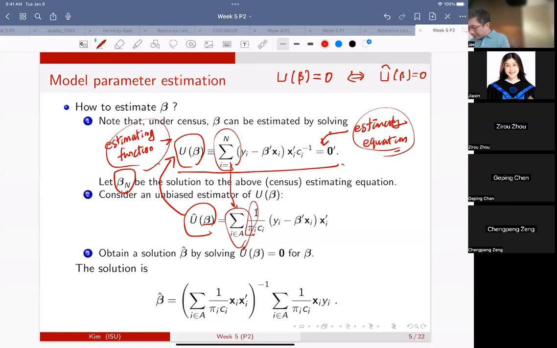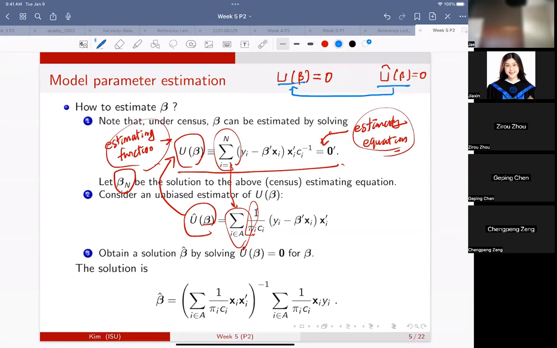The idea is, I know that this guy is estimating this guy, so this becomes an estimator of the estimating function.